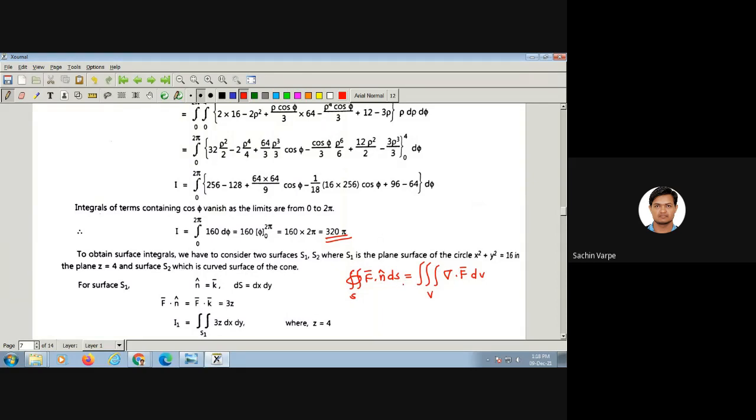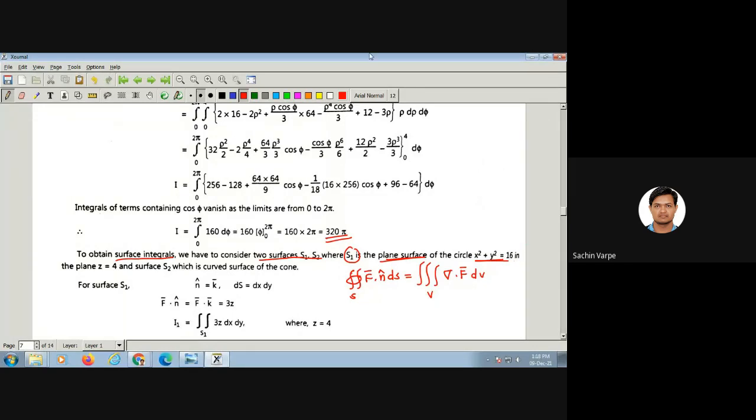Now to calculate the left hand side as a surface integral, we have to consider the two surfaces S1 and S2. As I said, S1 is the plane surface, which is the surface of a circle, right?